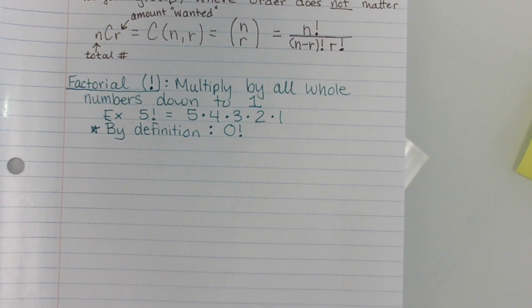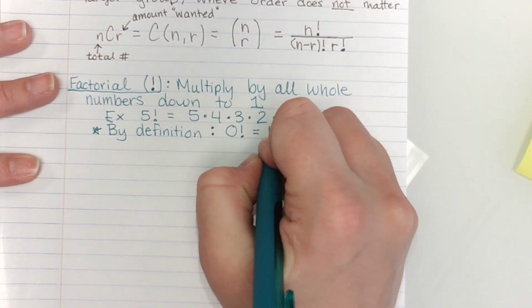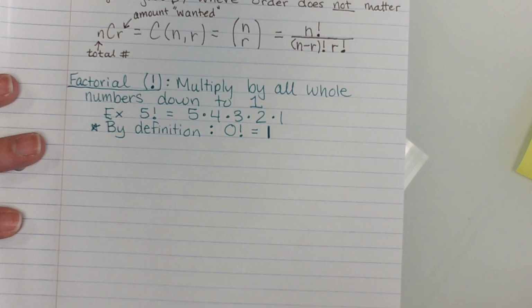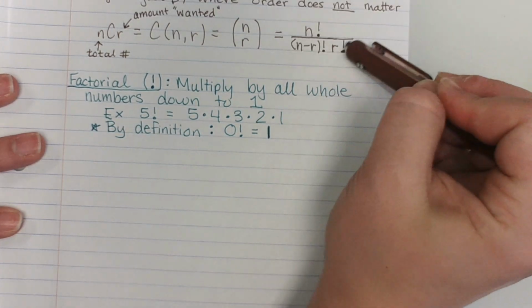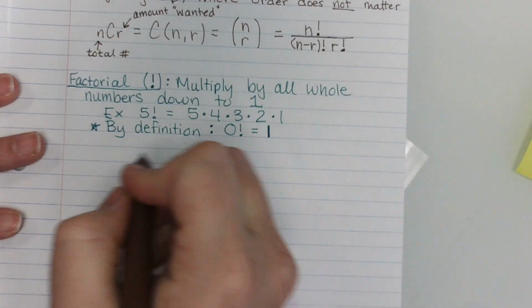It is a whole number, but it not being a number bigger than 1 causes issues. 0 factorial is defined to just be the number 1. So if you ever come across 0 factorial, it is equal to 1. So that's what this formula has in it. It's got a bunch of things getting multiplied by numbers smaller than it.